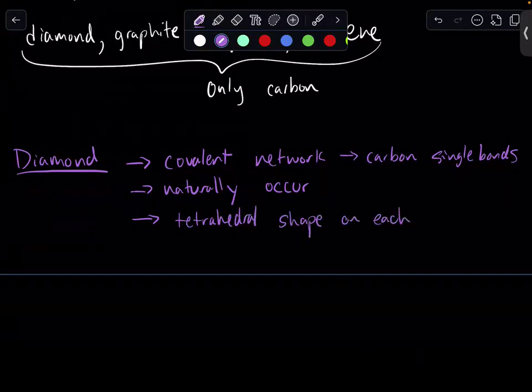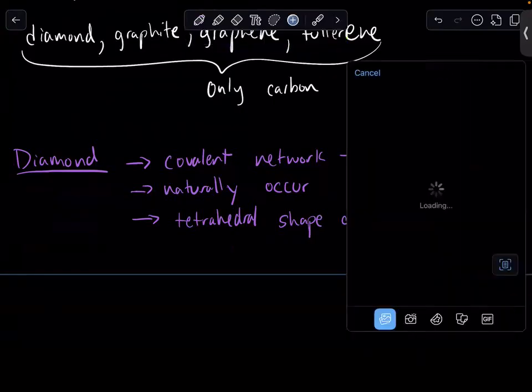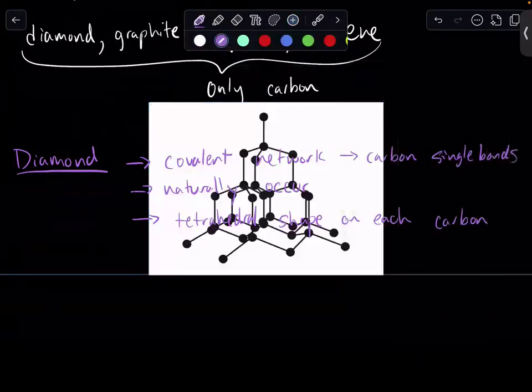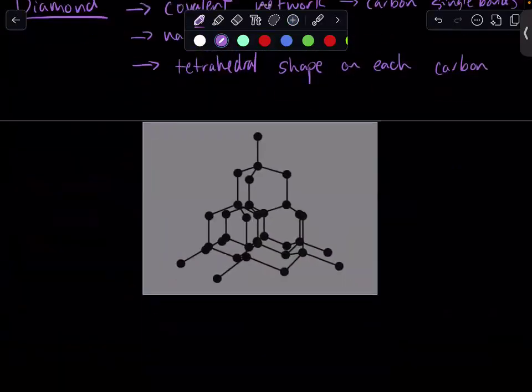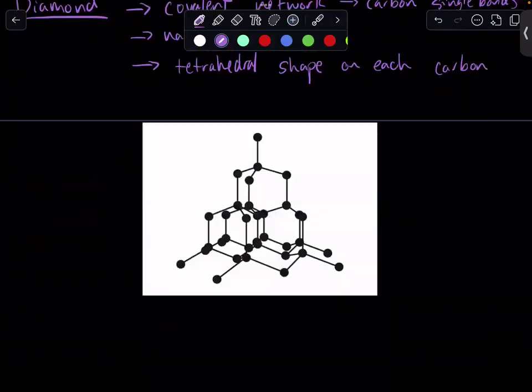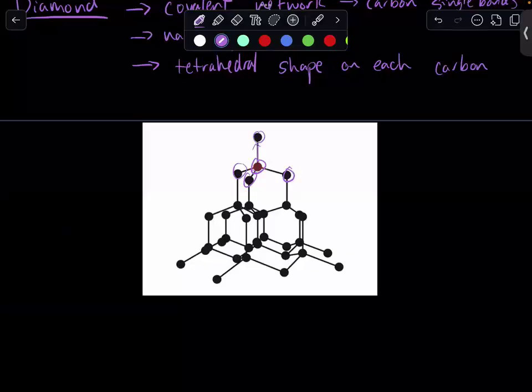on each carbon. So we've already seen this image from a couple lessons ago, but I'll reinsert it here so we can see it again. We notice that each carbon in the image is bonded to four others in that nice tetrahedral 109.5 degree bond angle.